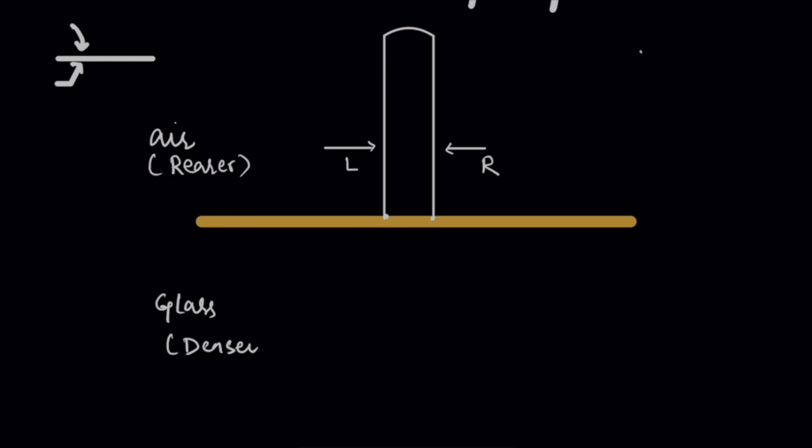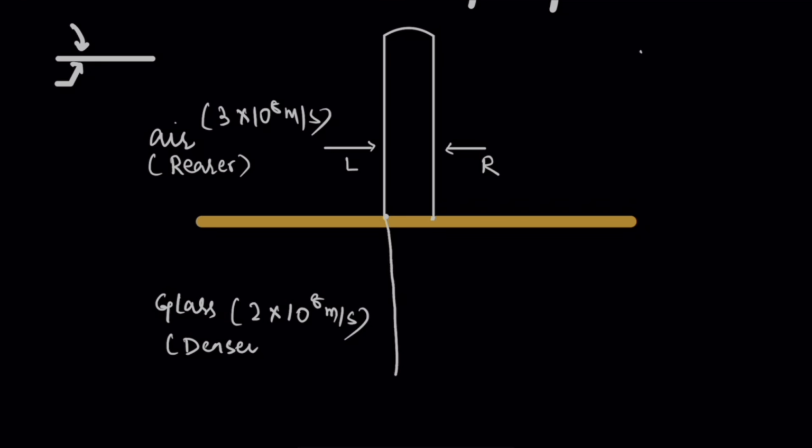It means that if the speed of light in air is 3 into 10 to the power 8 meter per second, both the left and right will move with the same speed even when they are touching the surface. And after touching the surface, they will move with the speed of light in glass, that is 2 into 10 to the power 8 meter per second.